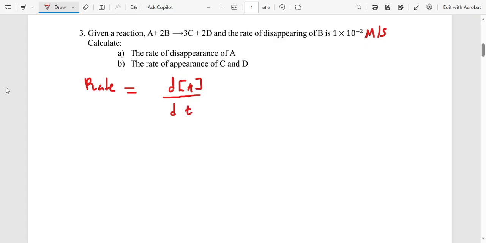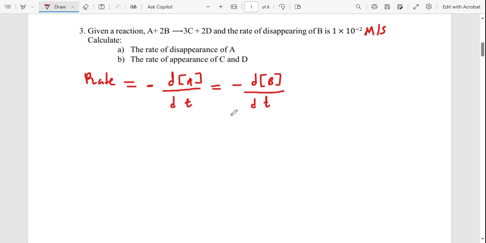But remember, since A is a reactant, attach a negative. And this should be equal to the change in the concentration of B divided by the change in time. I've also put a negative there.